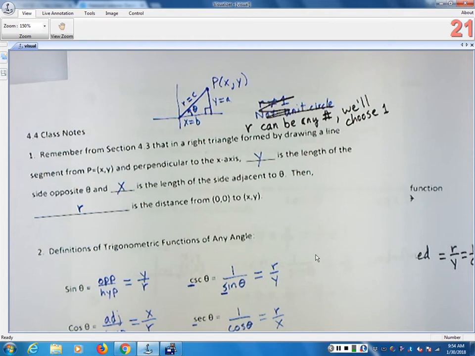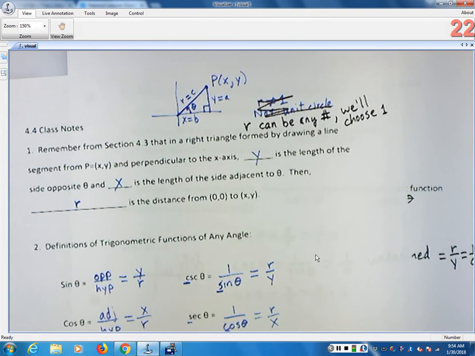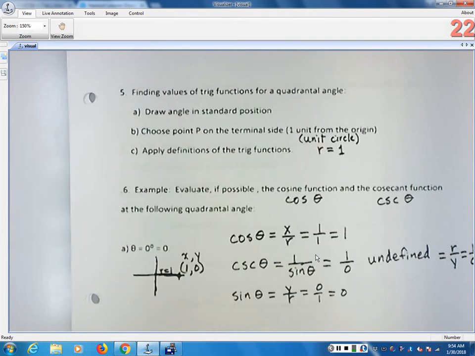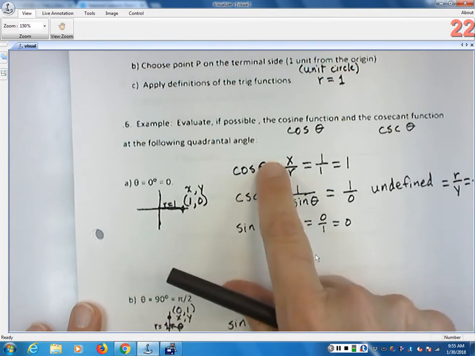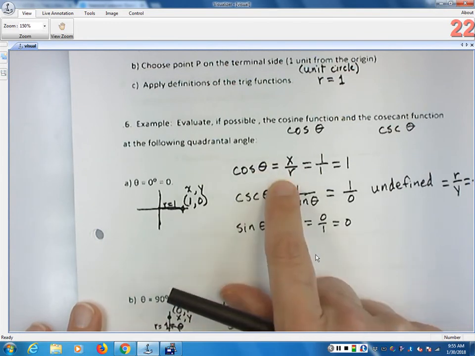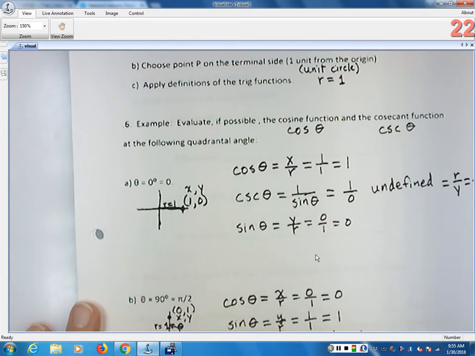If we chose 2, these things would still come out the same. If we chose the point (2, 0), x would be 2, r would be 2, and you still get 1 for cosine. So we're just picking r to be 1 on the unit circle.